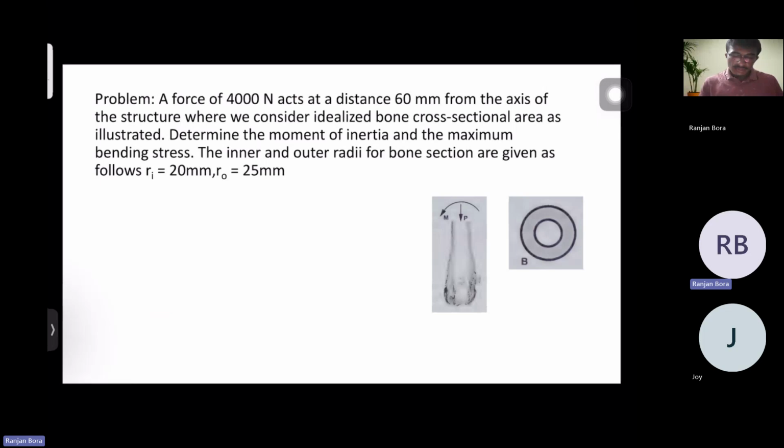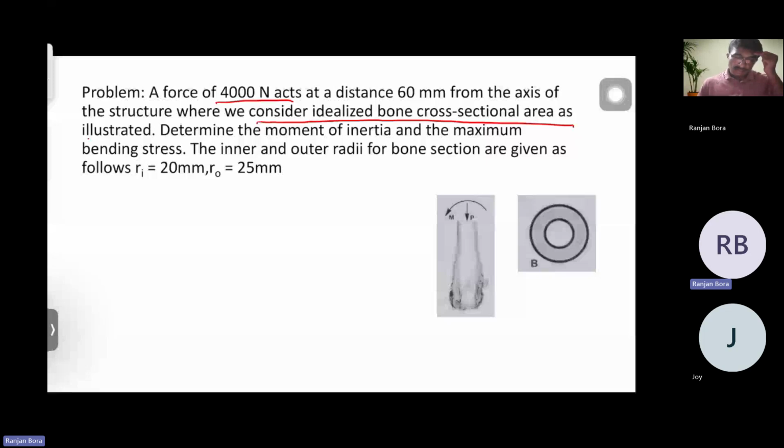We need to first determine the moment of inertia and the maximum bending stress that this bone can withstand. The inner and outer radii of the bone section are given: Ri is 20 mm and Ro is 25 mm.